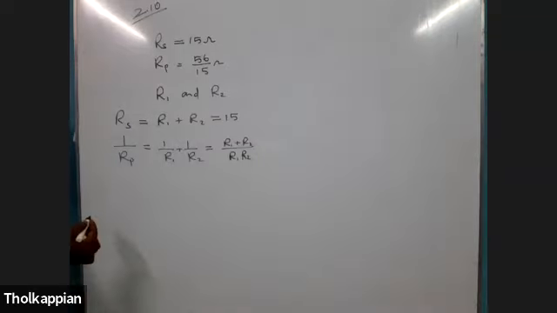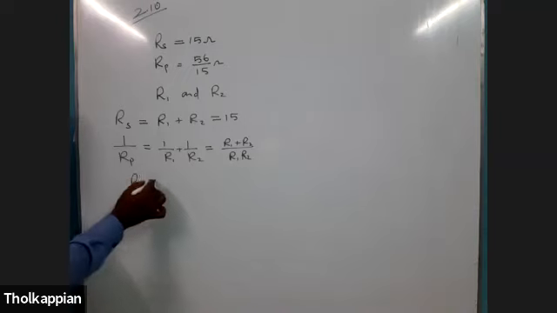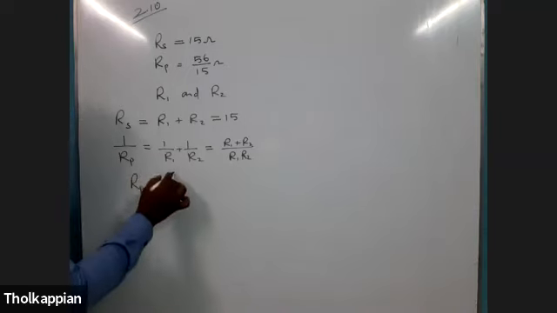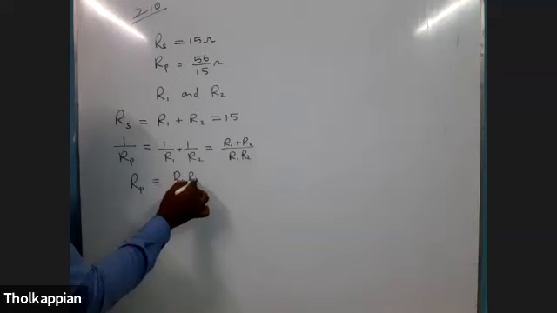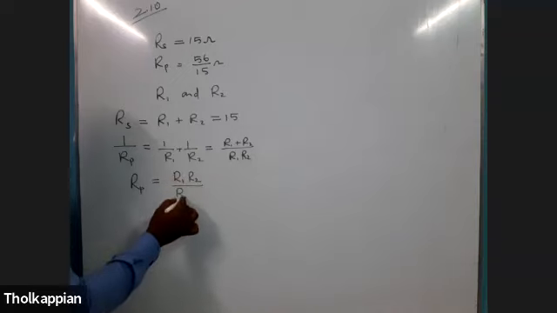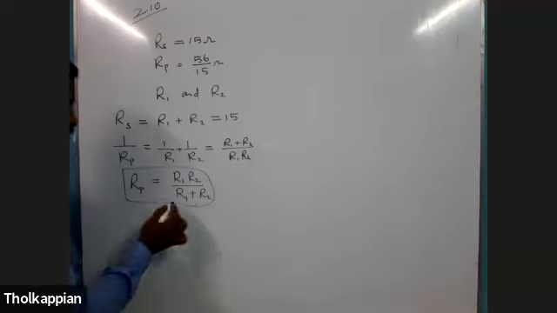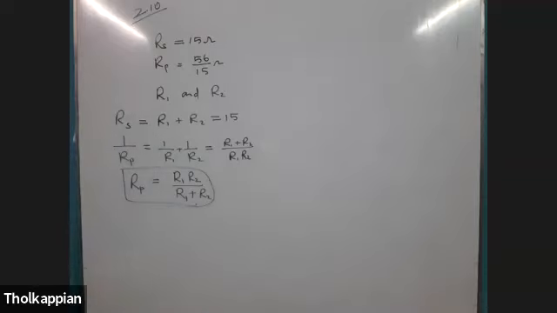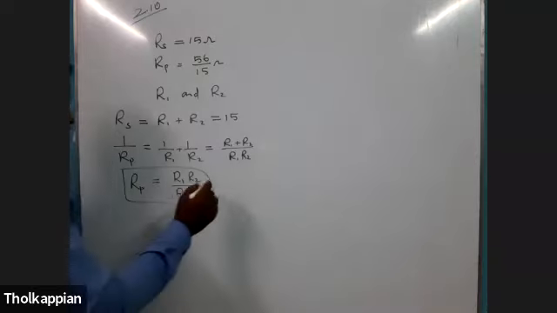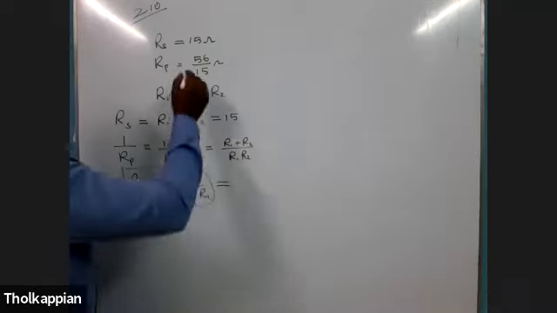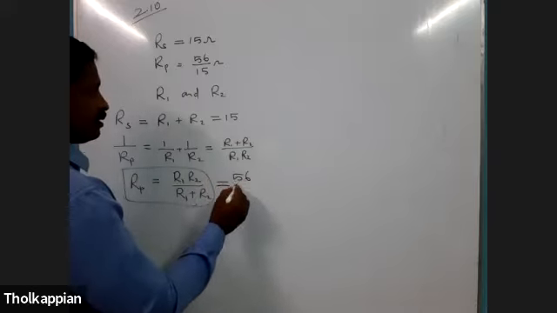Like this you can write. And what is Rp? Take the reciprocal. Rp is equal to R1 R2 by R1 plus R2. This value is given. How much is given? This is equal to 56 by 15.